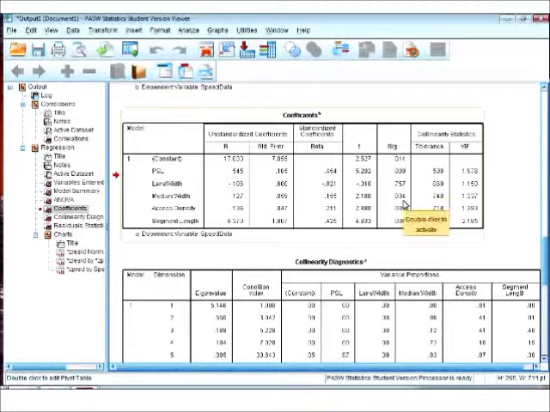Lane width is not playing any role in our model, so we will take that out.